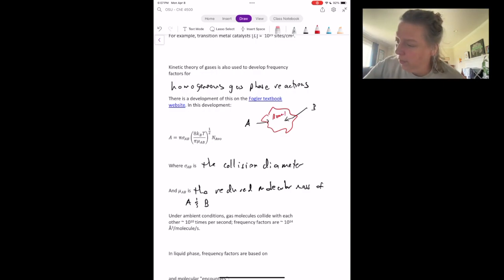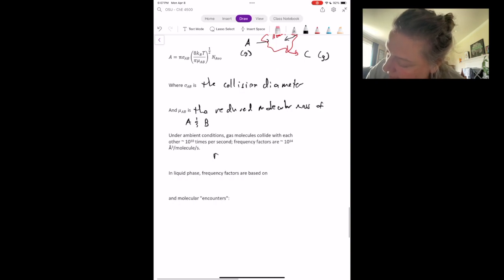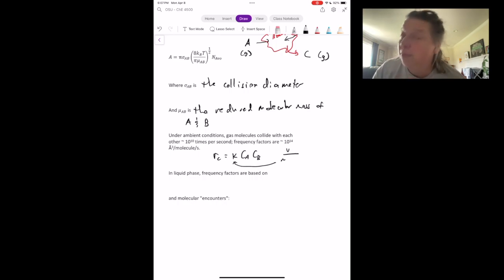And maybe what they're going to do is form C, and these are all gas phase molecules. I could say then that the rate of formation of C is going to be equal to some rate constant times Ca times Cb. Notice that this rate constant has perfect units for that. It's going to be volume per molecules, which I could also write as moles per time.